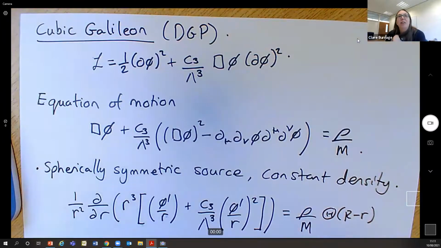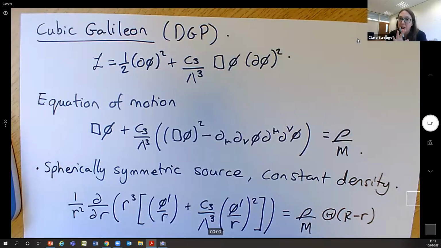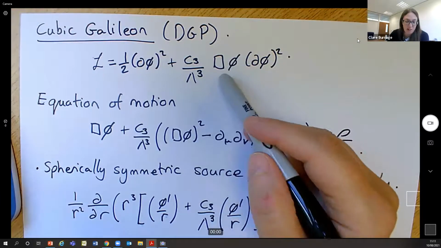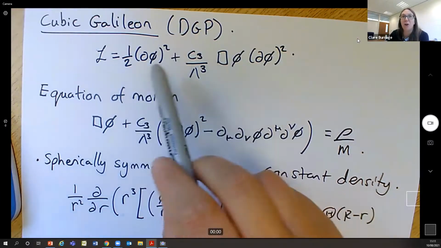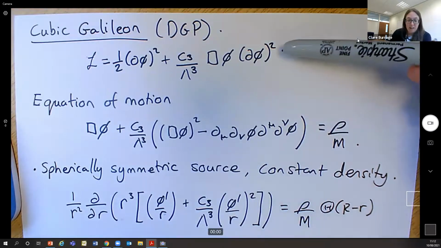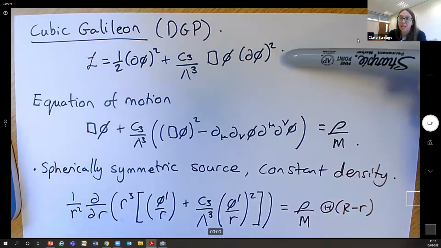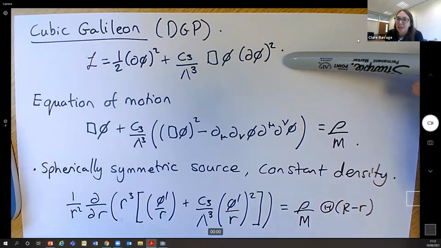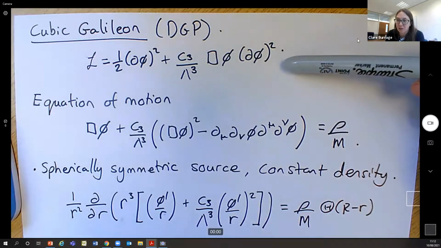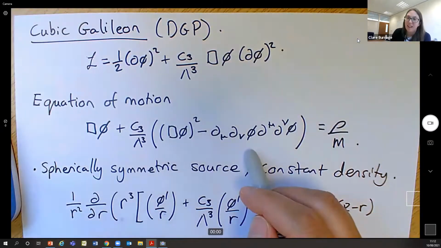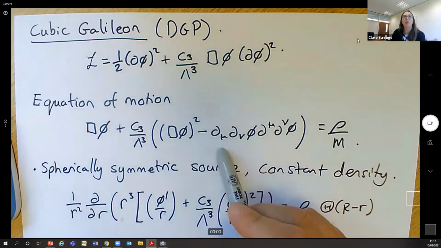Now, the first thing to say is that there's a very finite set of terms, in fact 4 things you can write down, of which these are the lowest 2, where that doesn't happen. There's an, at first sight, unexpected cancellation of those higher order derivative terms, and you do indeed end up with a second order in derivatives equation of motion.